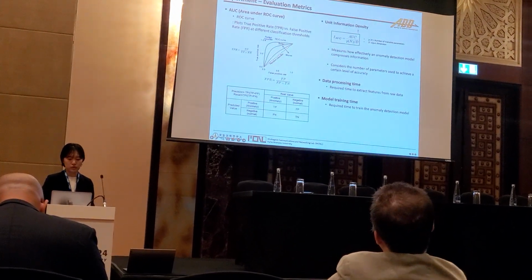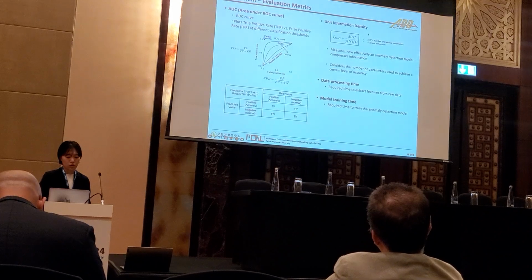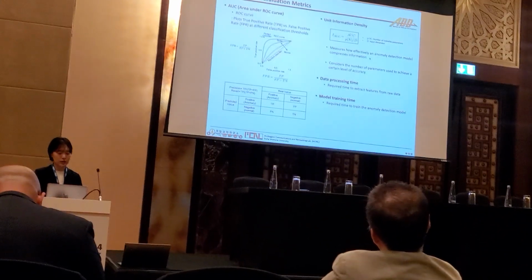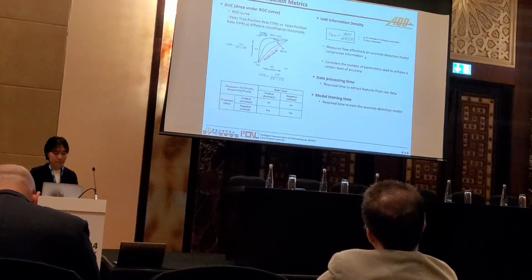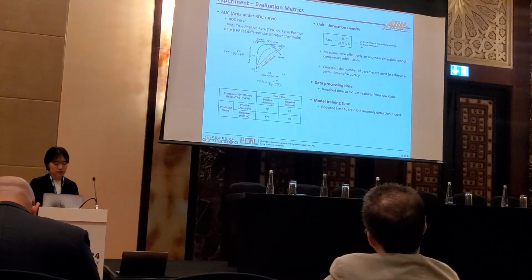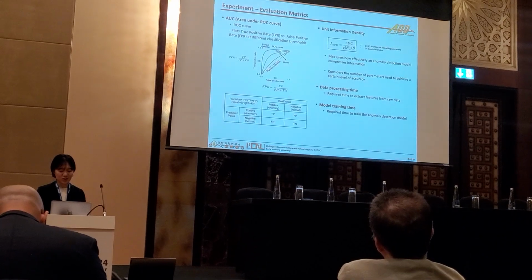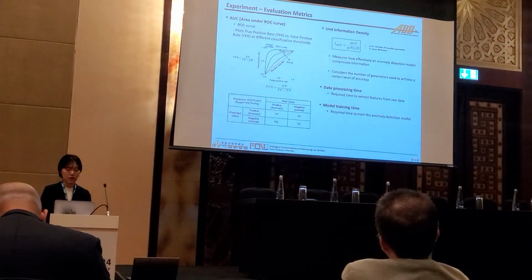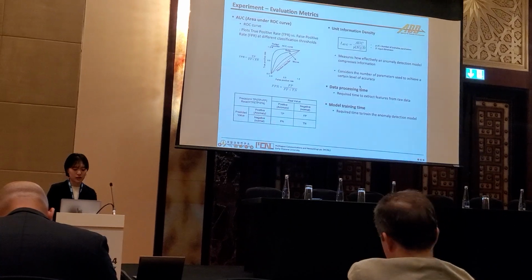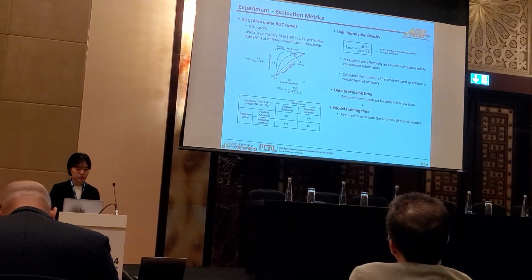And we also introduced the unit information density, which measures how effectively an anomaly detection model compresses information. And to measure the computational complexity, we measure the data processing time and model training time.